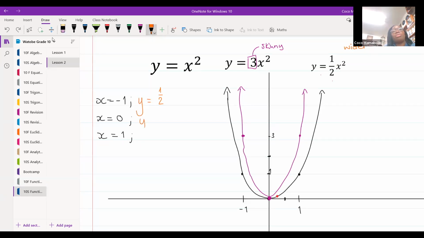And if x is equal to 0, y will equal 0. And if x is equal to 1, y will equal 1/2. Give me a thumbs up in the chat if you understand where I got all these values that I've got here. Okay, so now if I had to plot this, there's 1/2 there, 1/2.